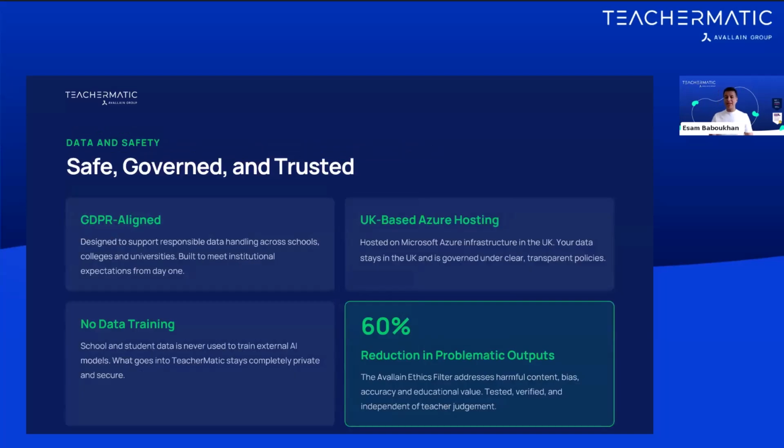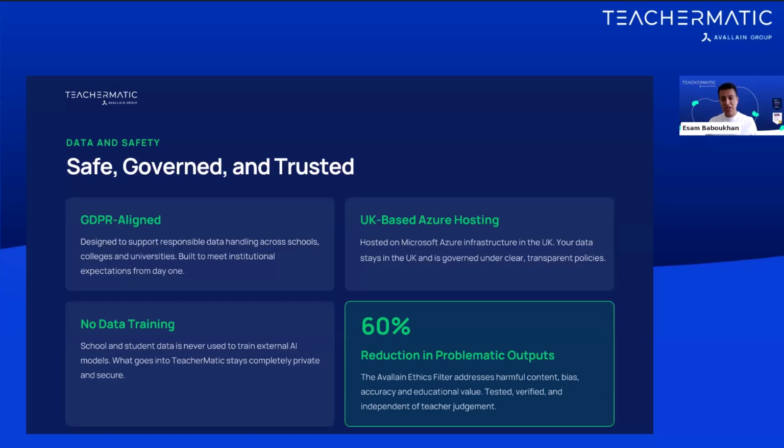So let's just spend a little moment on data safety, because I think that's really important, especially in education. TeacherMatic is hosted on Microsoft Azure infrastructure in the UK. It's GDPR aligned, and of course, we align with different regulations across the world. And it's designed to meet the expectations of schools, colleges, and universities. Crucially, your data is never used to train the external AI models.